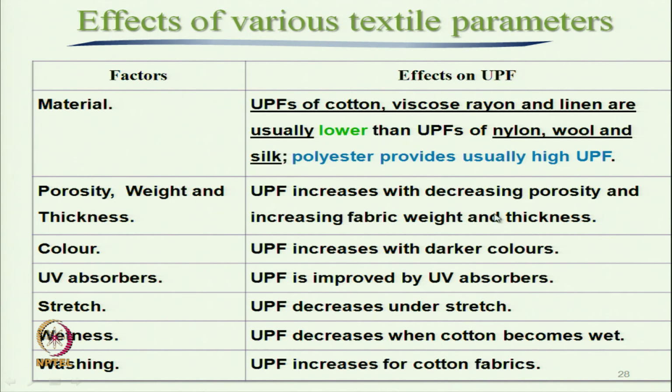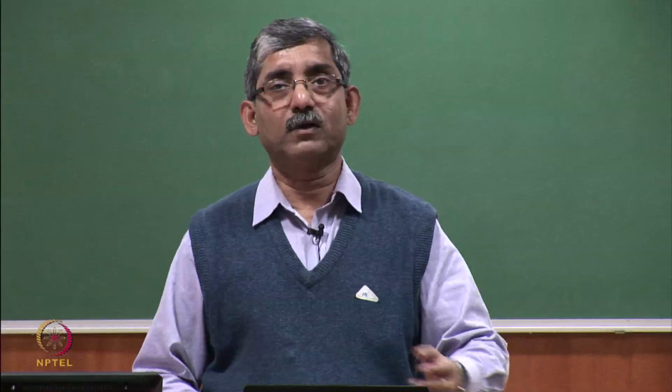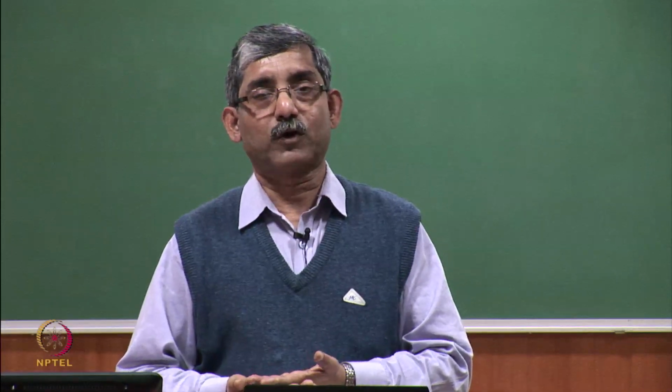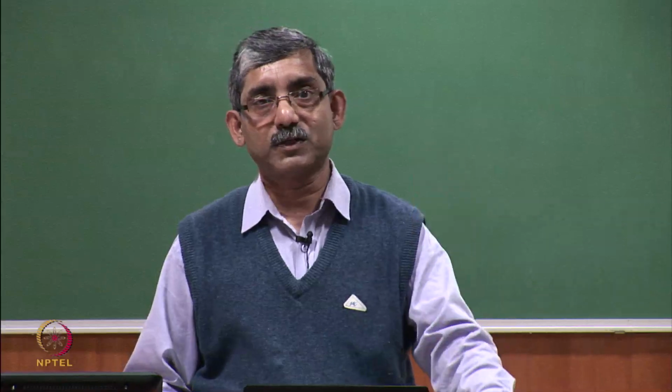UPF increases with the decrease in porosity and with increasing fabric weight and thickness. As the fabric thickness or fabric mass per unit area increases, it will protect against the UV ray. More thickness or higher weight means more fibers come into play to block the UV transmission.